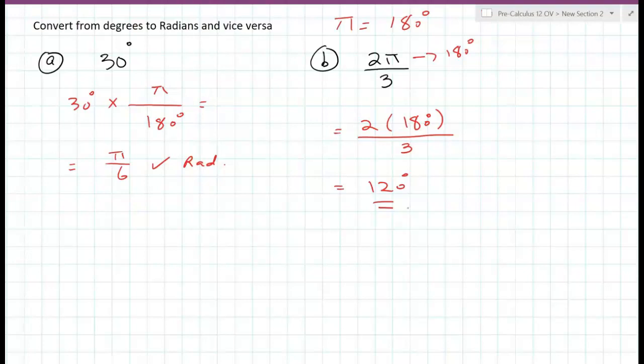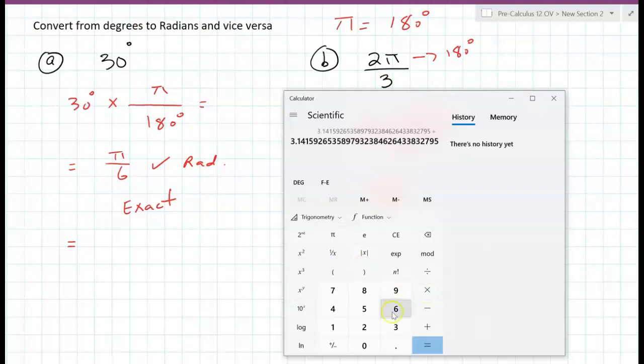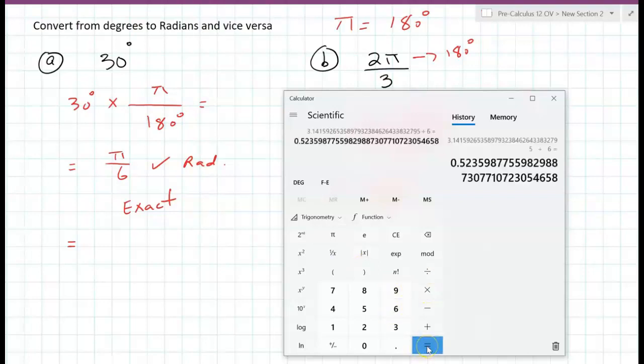If it turns out that the values are not exact, now notice that I have given you the exact values. This is the exact angle in terms of the radians, but you could take out your calculator and, if you want to find the decimal expansion of pi over 6, you just go pi divided by 6, and here it is.